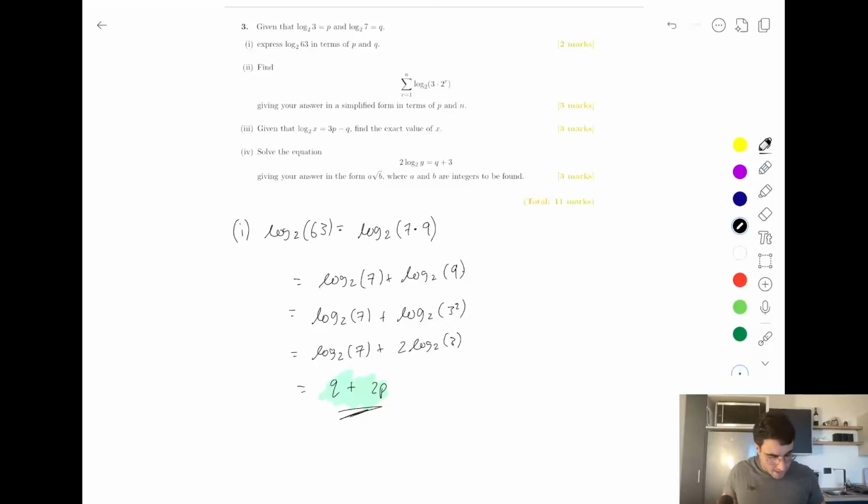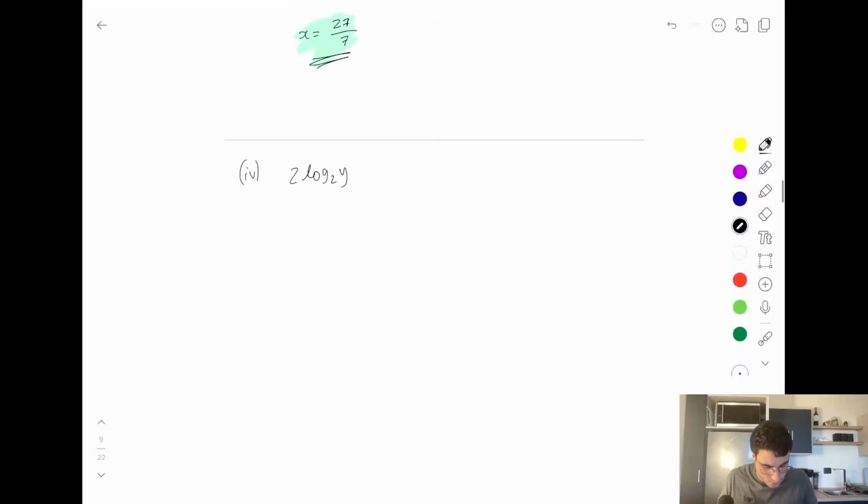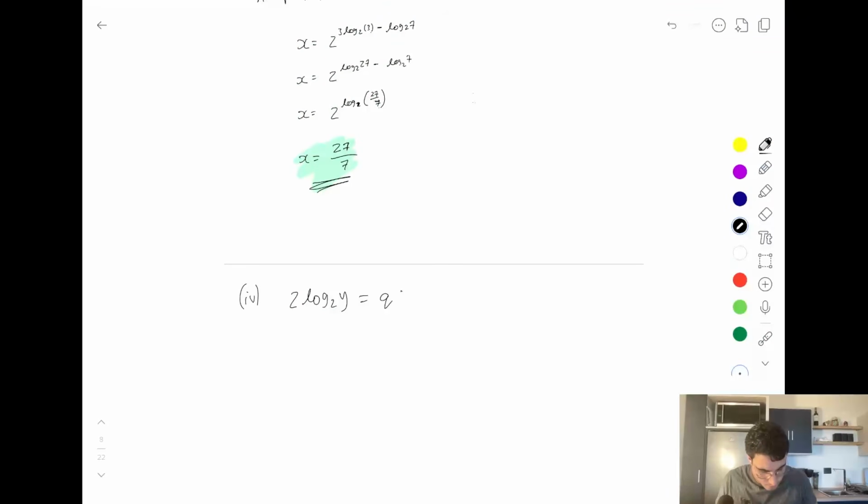Alright guys, so for number 3 IV here, it says to solve the equation 2 log 2y is equal to q plus 3. Okay, and it wants us to give it in the form a root b, where a and b are integers to be found. Cool. So 3 IV, 2 log 2y, okay, is equal to q plus 3.